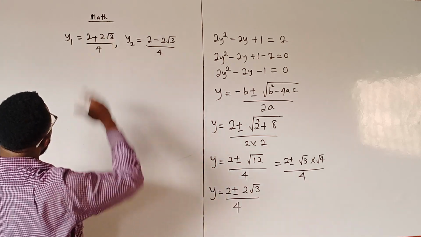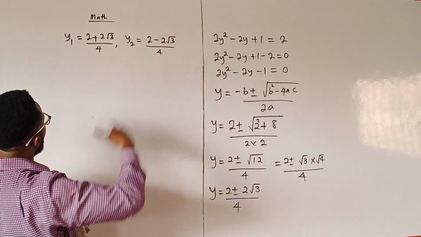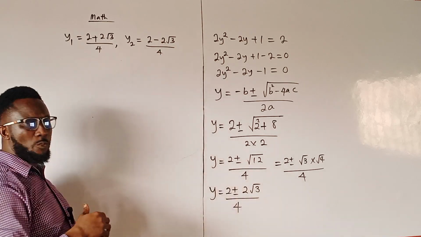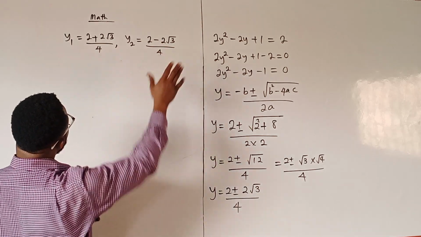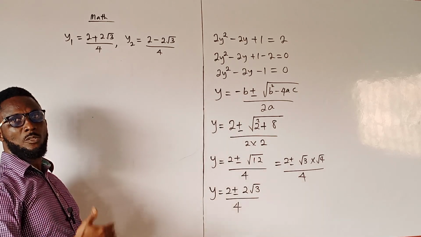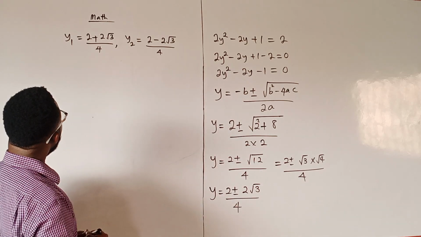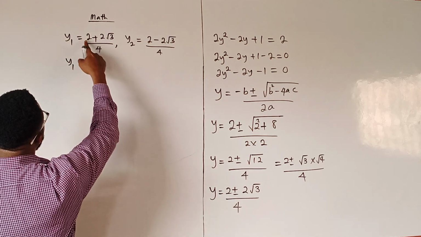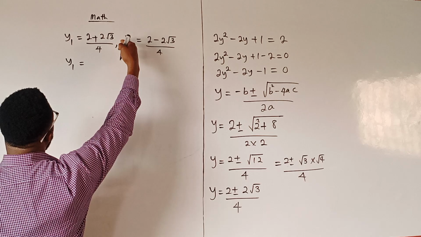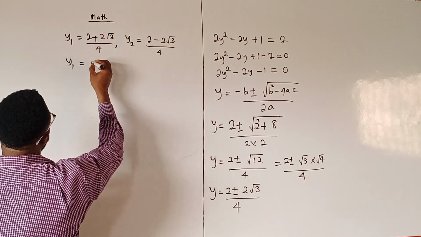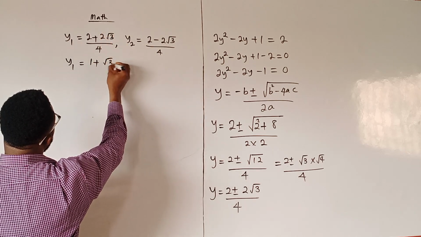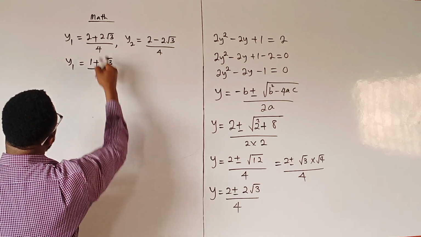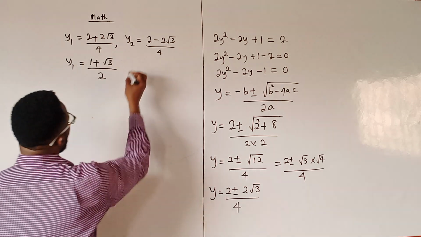Because we have 2 on the numerator and 4 is also an even number, we could use 2 to divide every number on the numerator and denominator. So that's going to give us y1 equal to 2 divided by 2 is 1. 2 divided by 2 rad 3, the 2 cancel out, we have 1 plus rad 3 upon 2. 2 divided by 4 is 2.